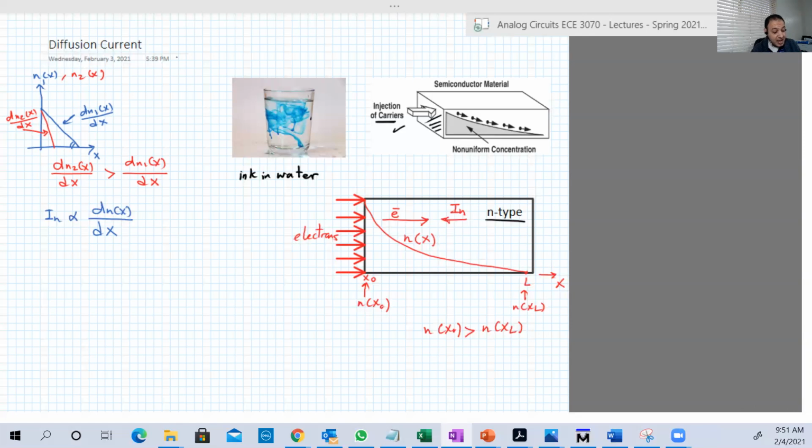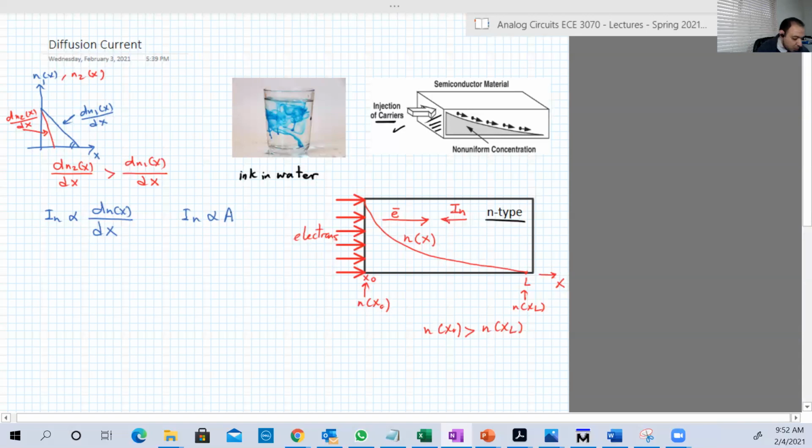So if we increase the cross-section area of the sample, this will increase the current as well, because now more charge will pass through the cross-section area at the same time. So I is also proportional to the area.